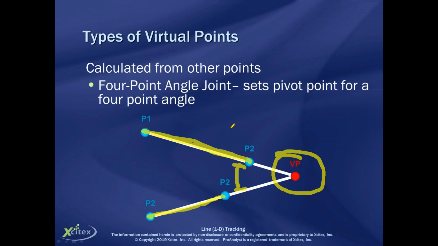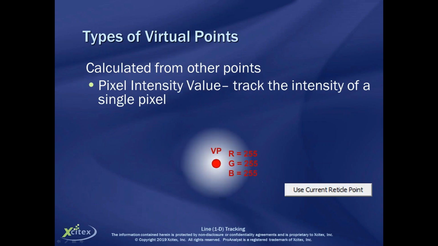Well, just like that generates the angle based on these 4 points, the 4-point angle joint creates a virtual point at that non-existent intersection of the angle here. There is no use of the reticle on this because you're using absolute point values for this. So there's no need to generate that.